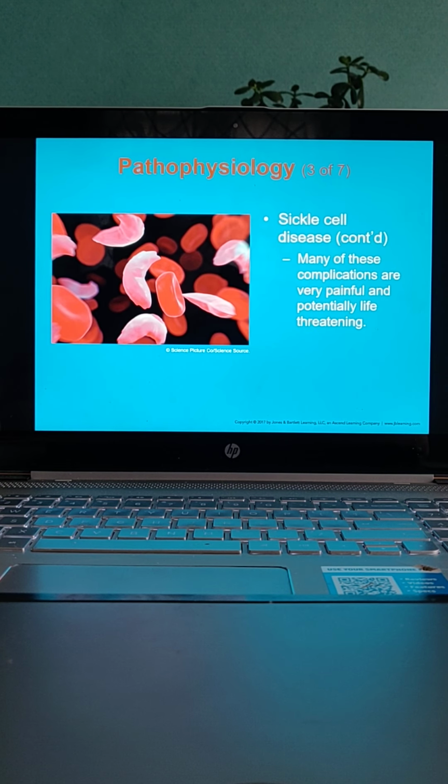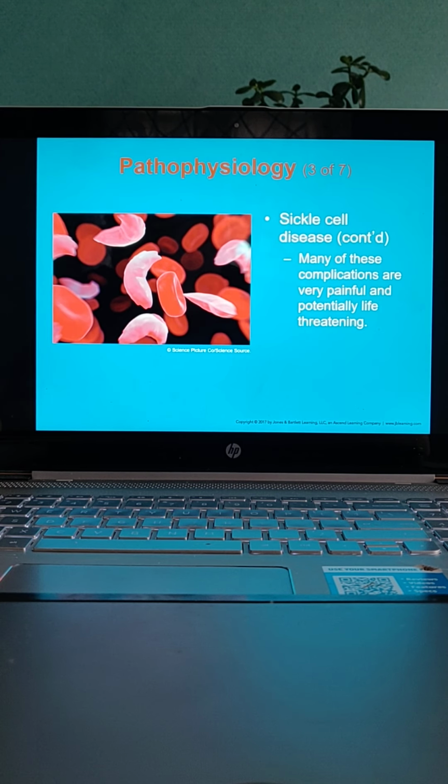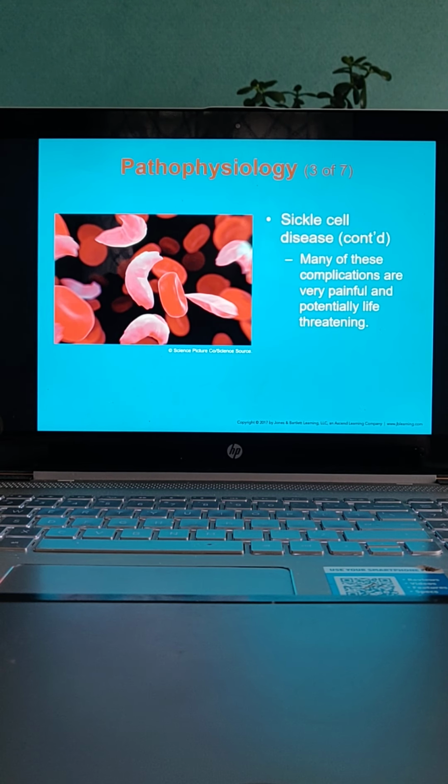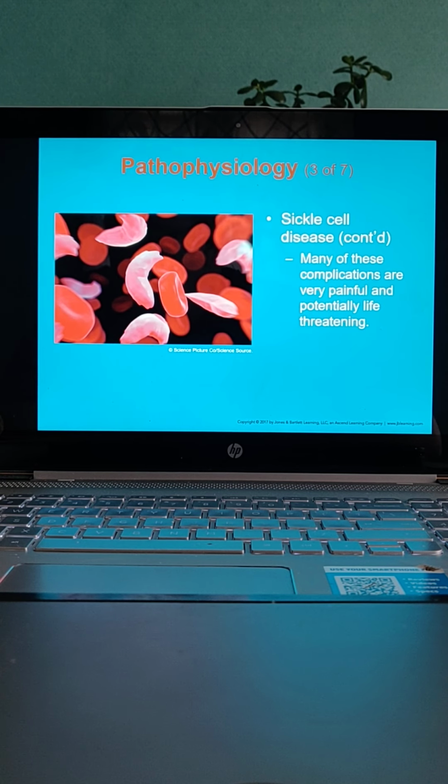So it's very common. Sickle cell is very common in people who live in what they call the malaria belt. The malaria belt would be down in the continent of Africa, the Caribbean, and down in South America. Okay, sickle cell affects people who have South American ancestry, people from the Caribbean, and people from Africa.